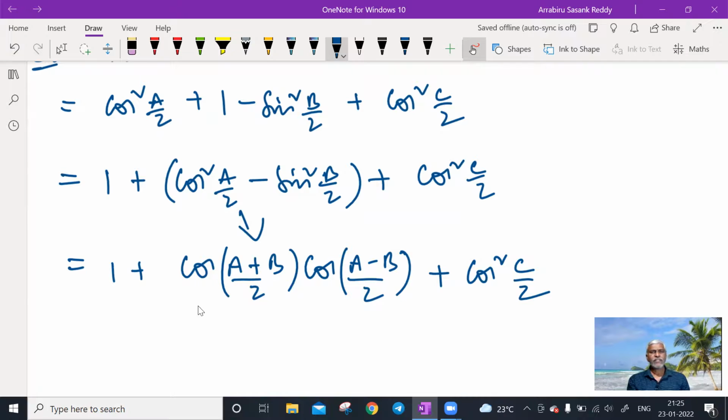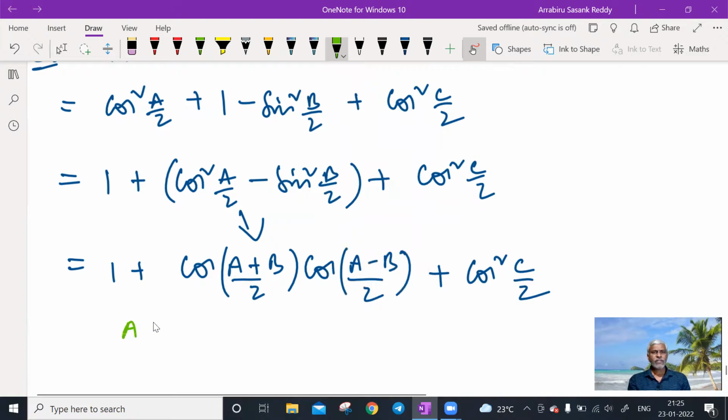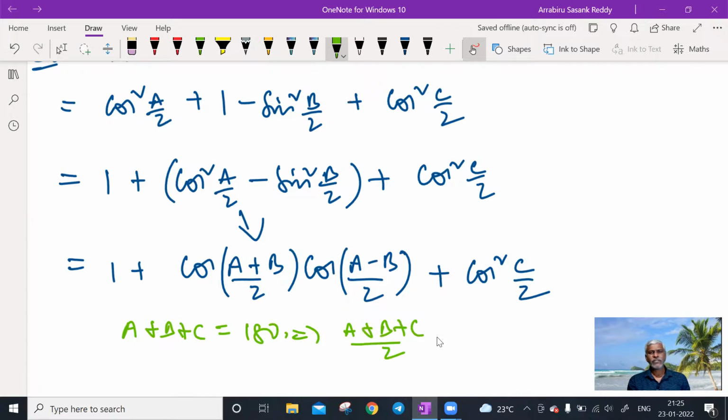Now use a plus b plus c is 180 degrees. So a plus b plus c by 2 is 180 by 2, that is 90 degrees.